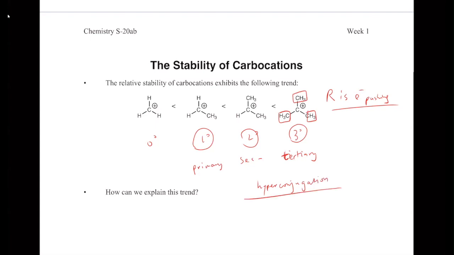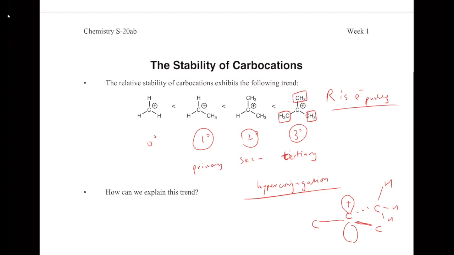What is hyperconjugation? Let's try to draw it. So this is the central carbon, which is sp2 hybridized. It has an empty p orbital with a positive charge. At the same time, there are 3 carbons connected, and each carbon is sp3 hybridized, right?